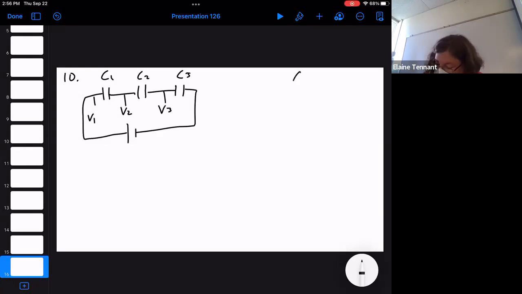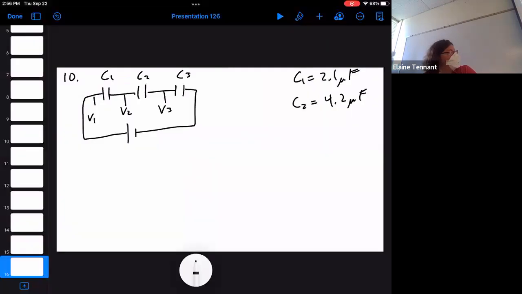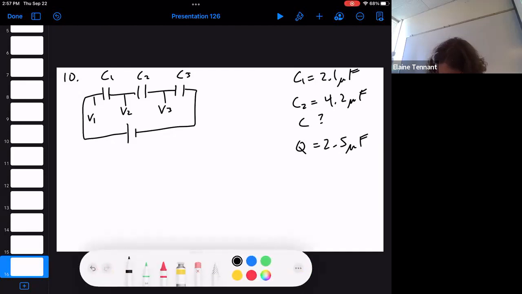Now they're going to give us the values of 2 of these capacitors. The third one is an unknown. And we are told that the charge stored on these capacitors is 2.5 micro, not farads, but coulombs.